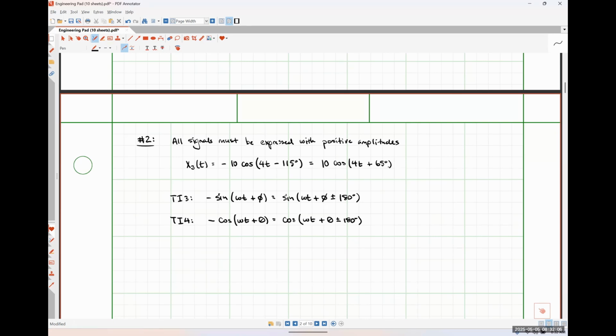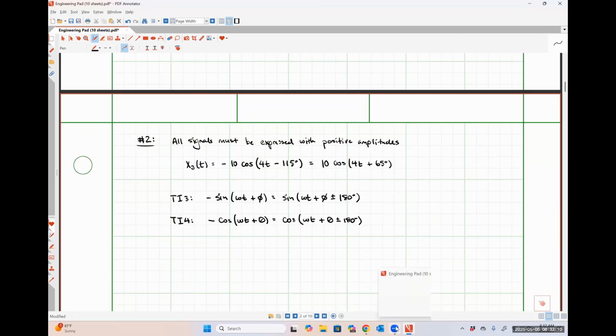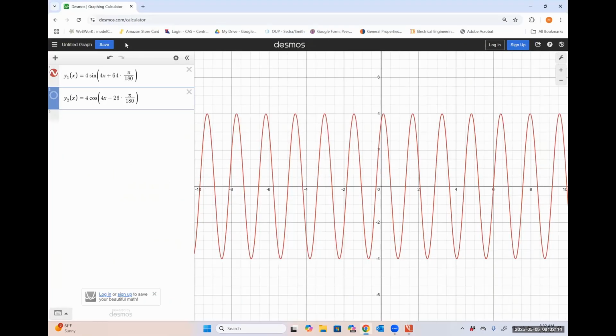So this one should be, I think, fairly obvious, but we'll throw it into Desmos just for the hell of it.